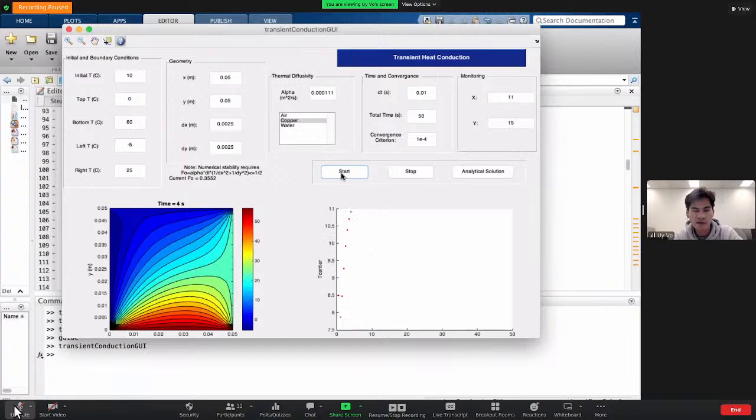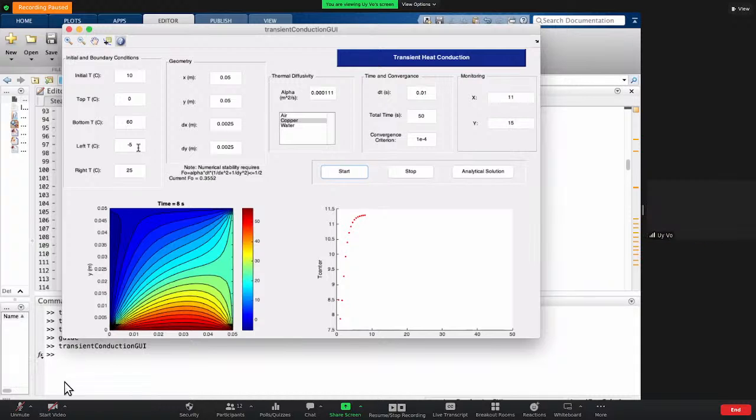Unless there's some mathematical correlation that doesn't allow a negative boundary condition value, in which case it will fail when you run with a negative value. But for this one, I think it worked well. So it works.